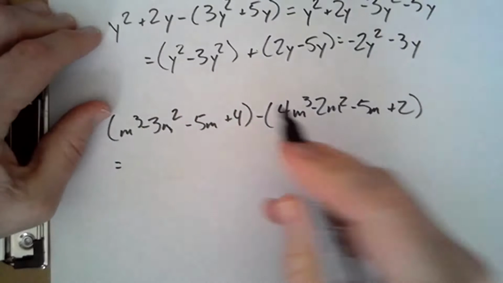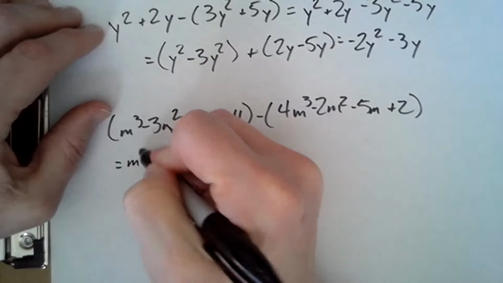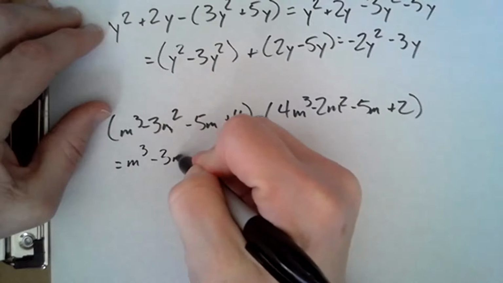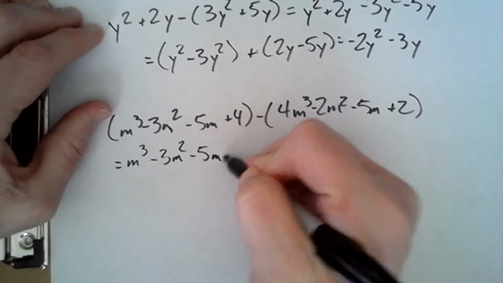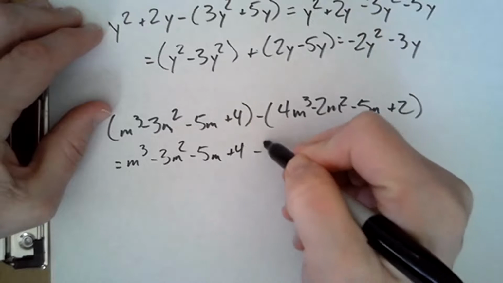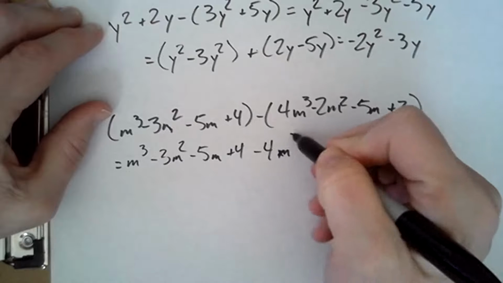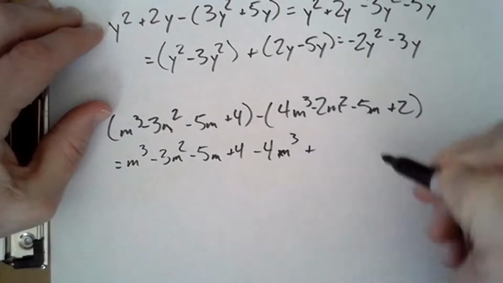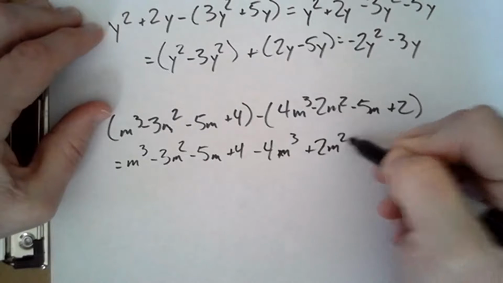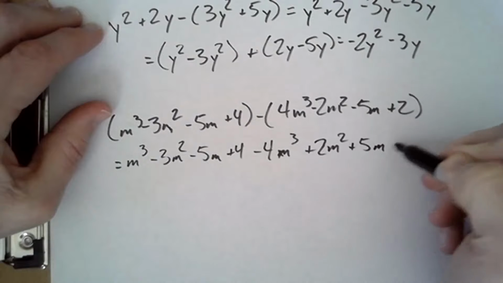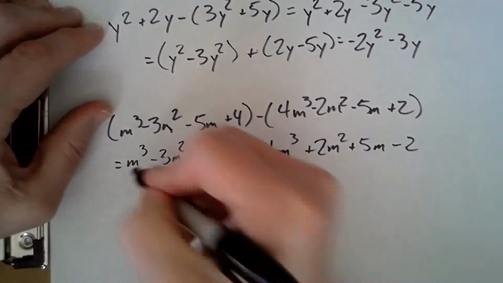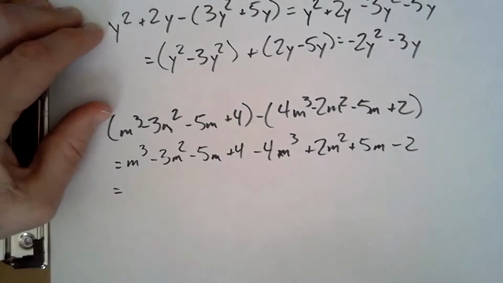In the second one, we've got m cubed minus 3m squared minus 5m plus 4 minus 4m cubed plus 2m squared plus 5m minus 2. And again, we combine like terms.